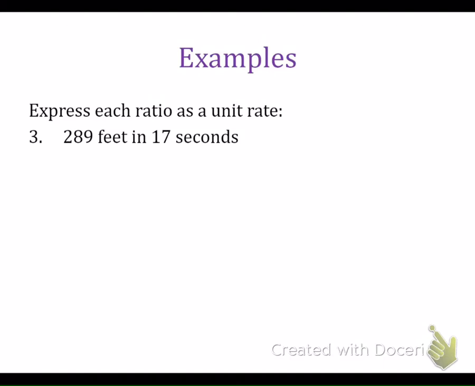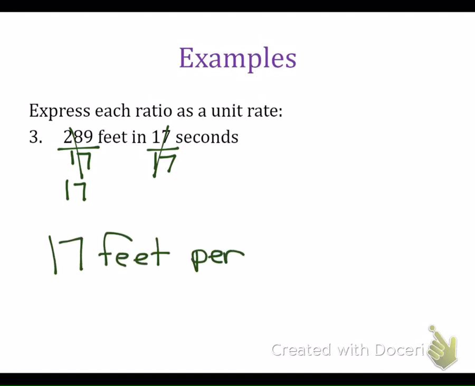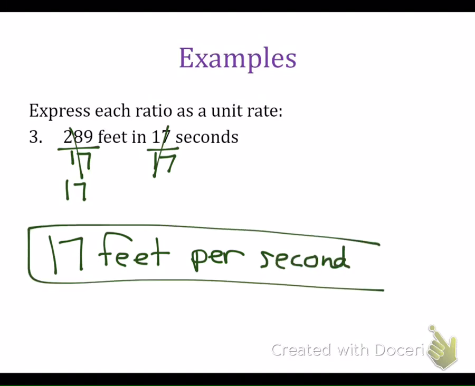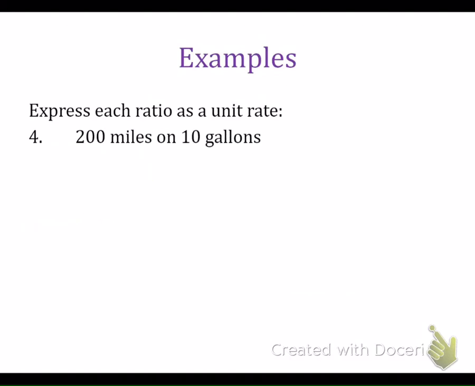Well, I can divide both by 17. Okay, and this reduces to 17. So 17 feet per second. $200 on 10 gallons.